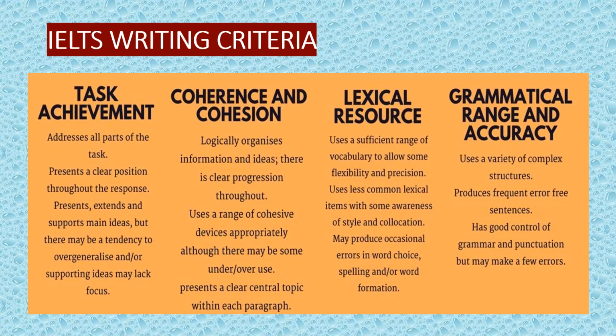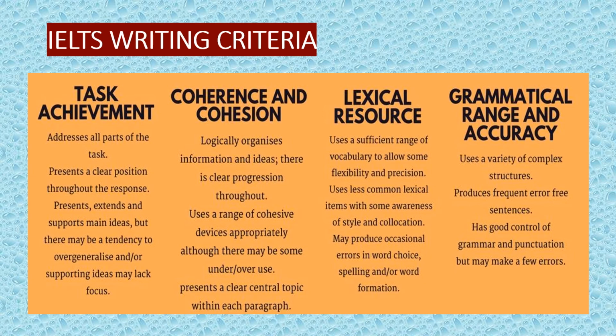On the other hand, the IELTS writing criteria is again out of 100%, as I talked about. This time it's the task achievement, meaning whatever question they have asked you, are you answering the question, address all parts of the task, presents a clear position throughout the response, presents, extends, and supports main ideas.